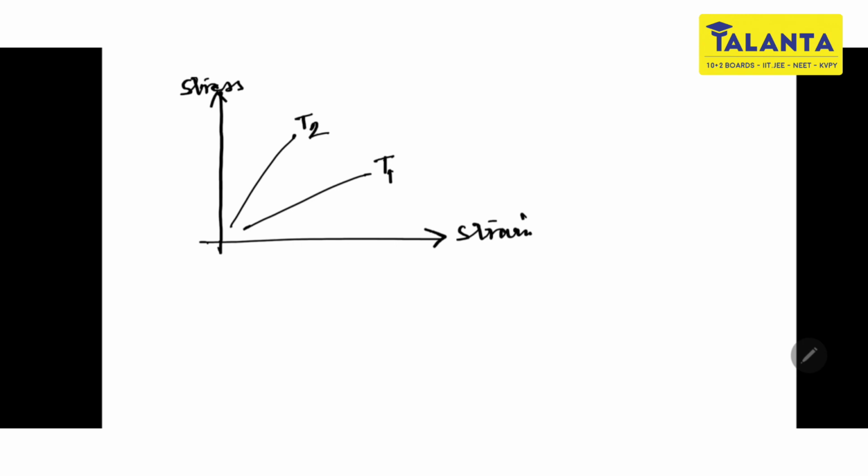Hence, at the higher temperature, elasticity and hence slope is less. That means T1 is greater than T2.